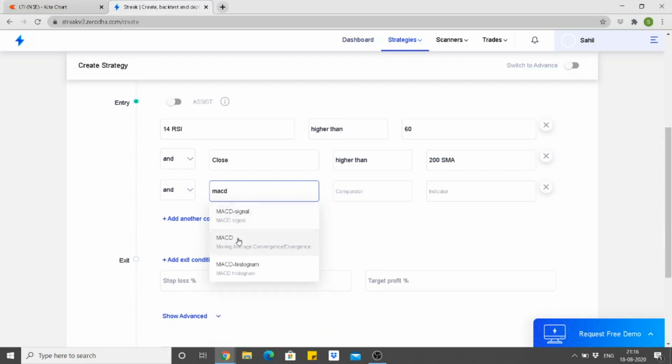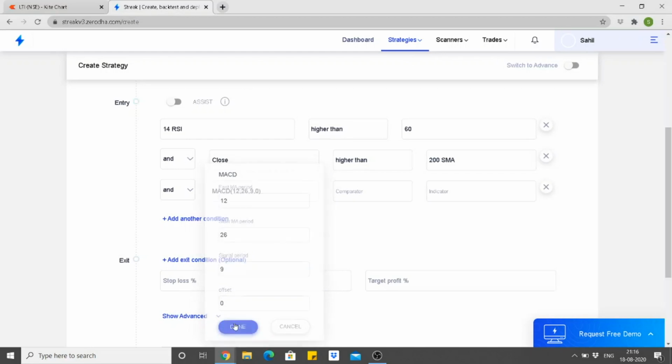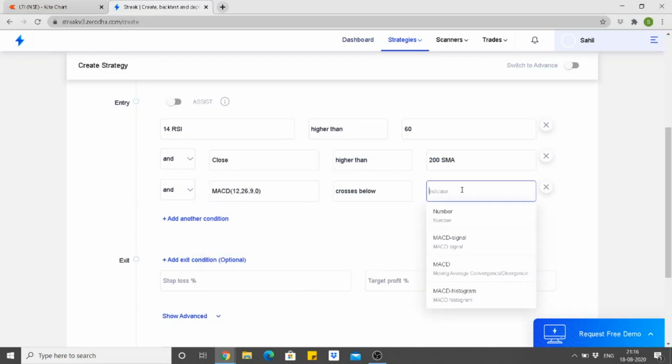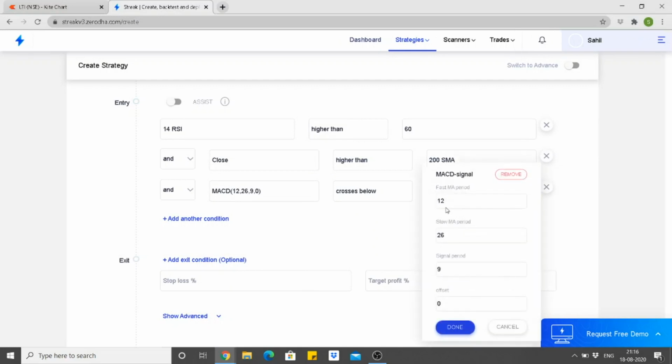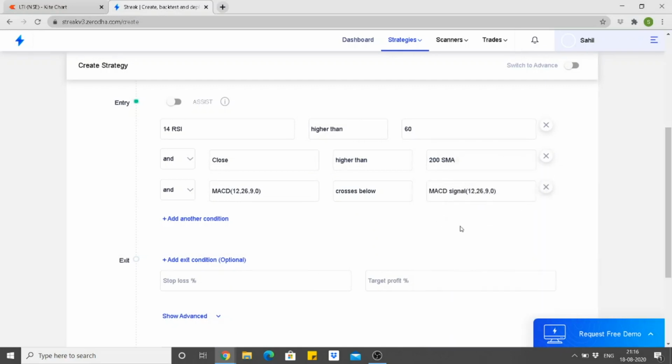So here I will be putting in MACD crosses below MACD signal. Whenever the MACD line crosses below the MACD signal, it is considered to be a bearish indication. So using the above two conditions, we defined a prior prevailing uptrend, and now we have defined a change in the market sentiment. I'll be inputting my stop loss as 1%, target profit as 3%.